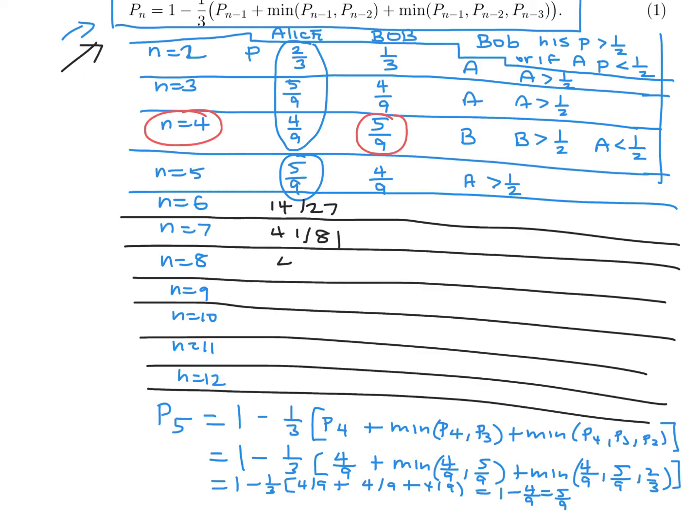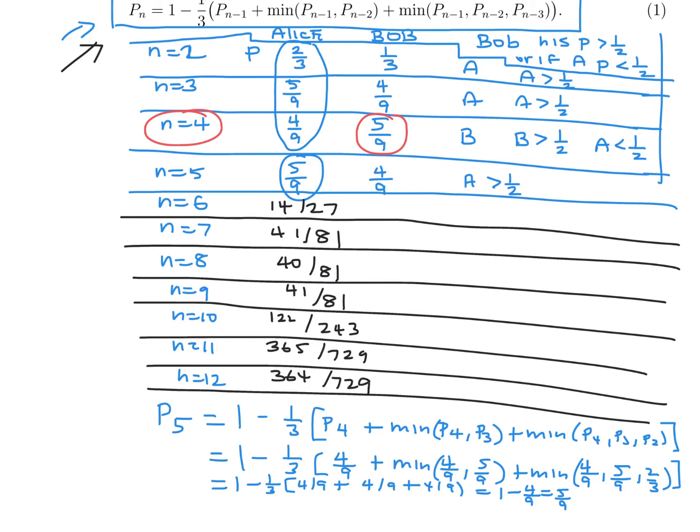For n equals 8, you get 40 over 81. For 9, it would be 41 over 81. For 10, it would be 122 over 243, 365 over 729, 364 over 729.